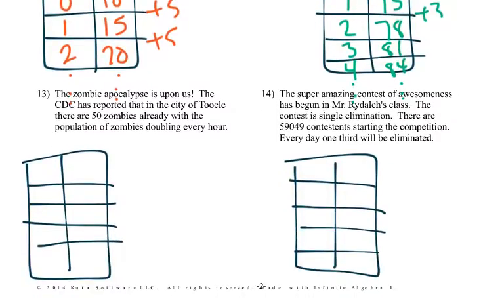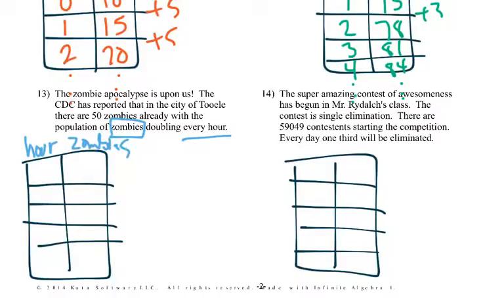Now, moving quite along, 13. The zombie apocalypse is upon us. The CDC has reported that in the city of Tooele there are 50 zombies already, with the population of zombies doubling every hour. So what's being affected here? We're having more zombies created, right? When are they being created? Every hour. So we've got hours here and zombies being created.